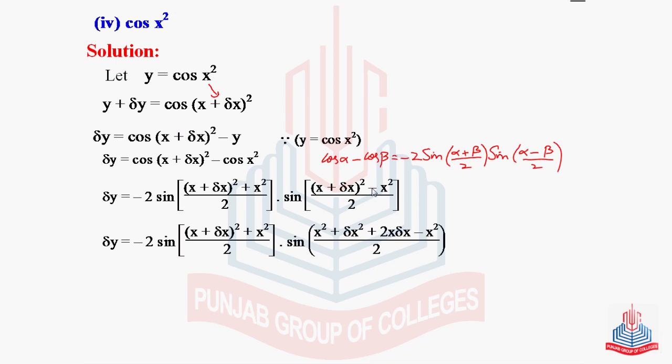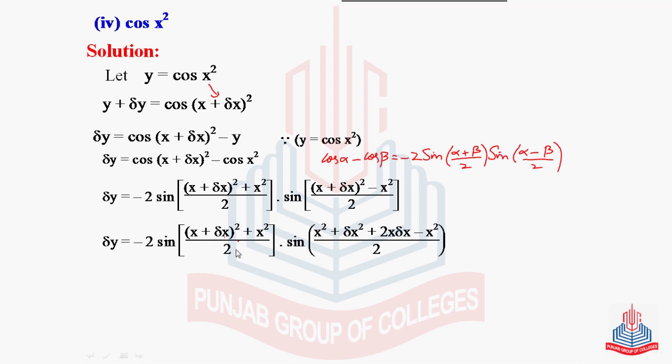The logic is we just have to simplify the thing which is not giving an answer here. As we see, when we apply the limit on the next step to 0, this delta x will become 0, and we have x square plus x square, and we will get an answer like 2x square divided by 2.